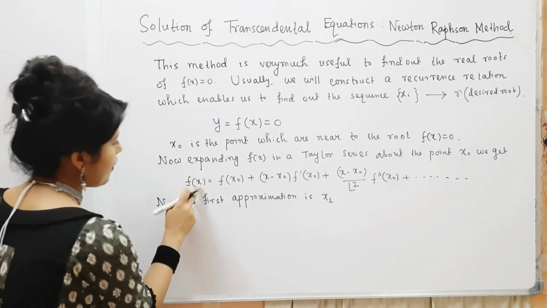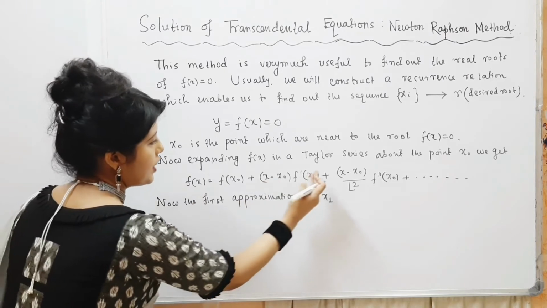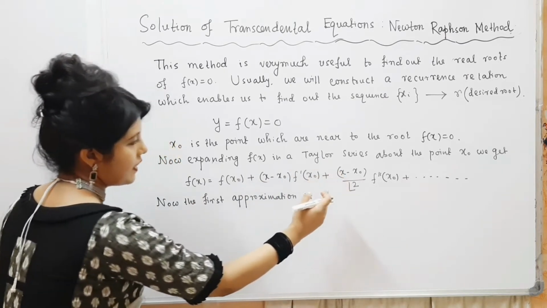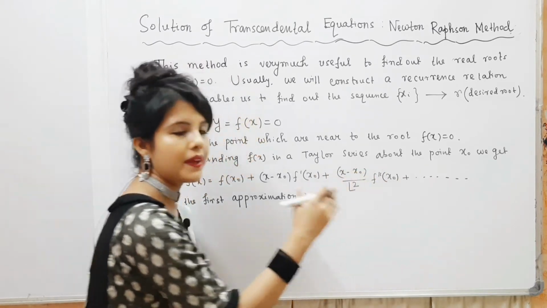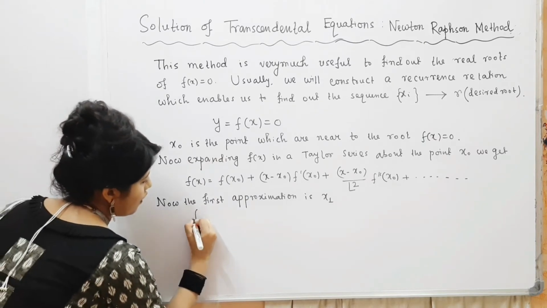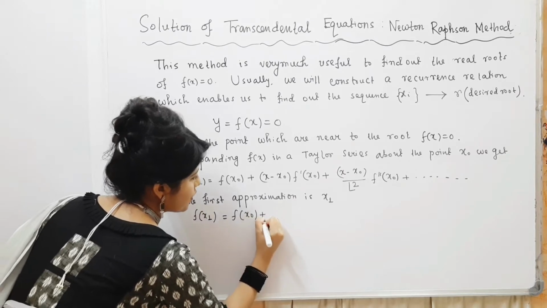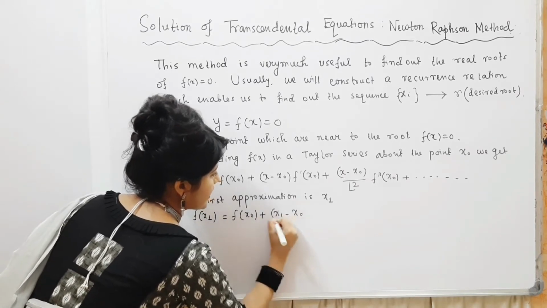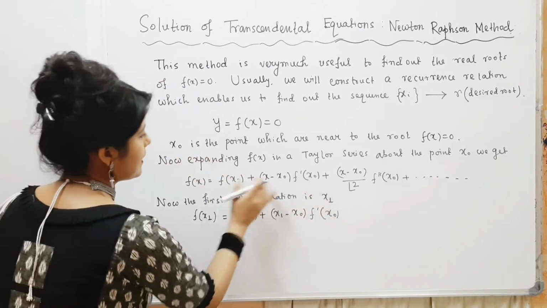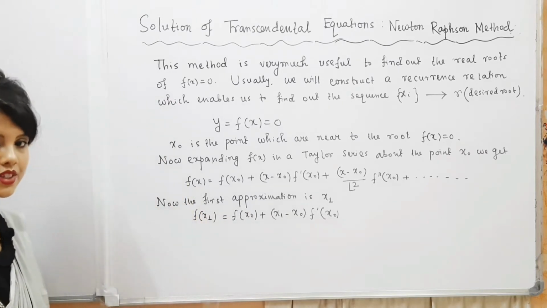You have to write x1 in the place of x and take up to the first order term, because the higher terms will be neglected in the first approximation. So we get f of x1 equal to f of x0 plus x1 minus x0 into f dash x0. I am taking the first two terms and have substituted x1 in the place of x.